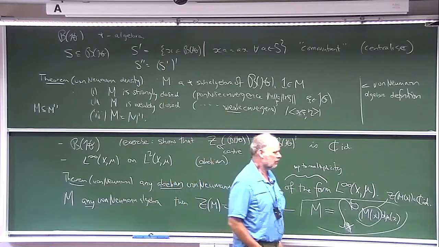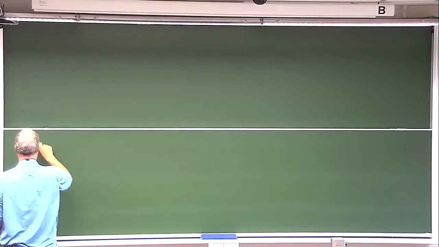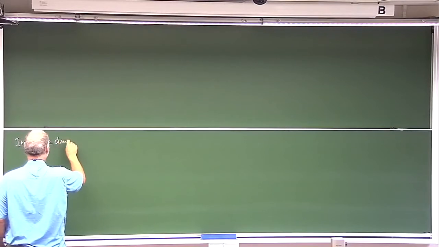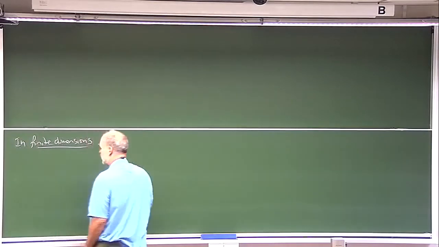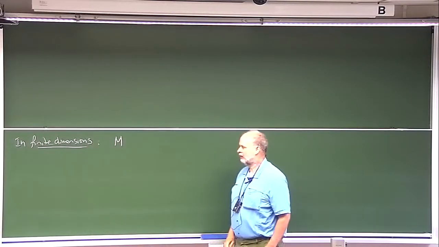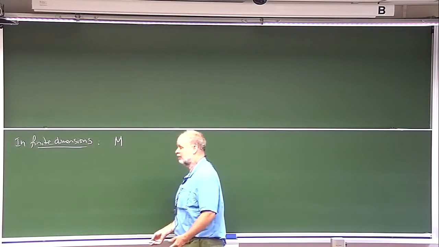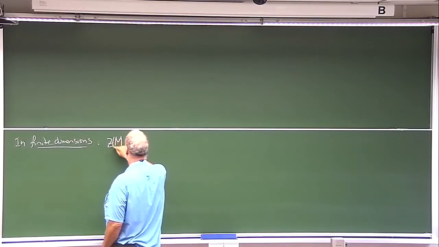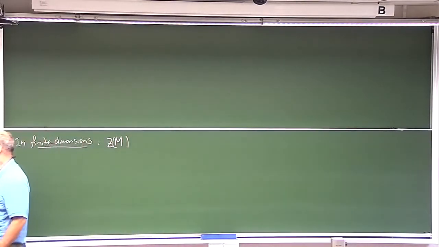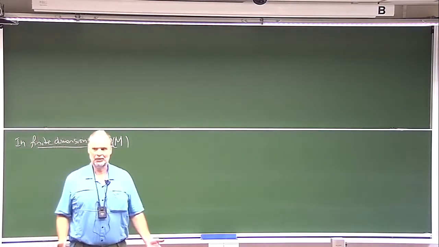Right, so what does this direct integral mean? Well, I just want to illustrate in finite dimensions where it's quite simple. So if we have M, an algebra acting on a finite dimensional Hilbert space, it would work for a finite dimensional algebra on an infinite dimensional Hilbert space as well. Then we look at its center, and von Neumann's theorem says that it has to be L infinity of X, mu. But since the dimension is finite, X is just some finite set.